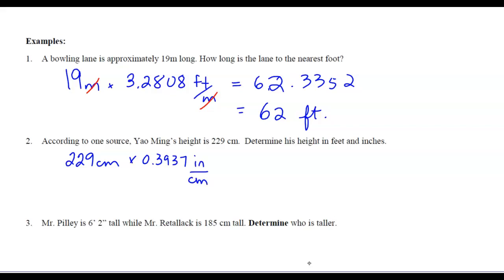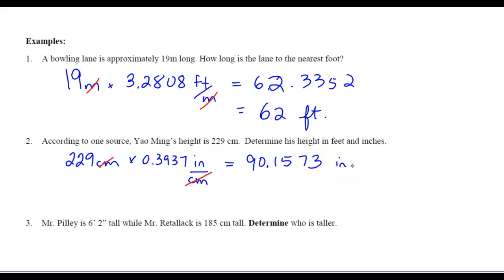It's easier to set up. You can easily see the units divide out. Okay, don't round it. Show all your decimal places. Okay, so that's in inches.